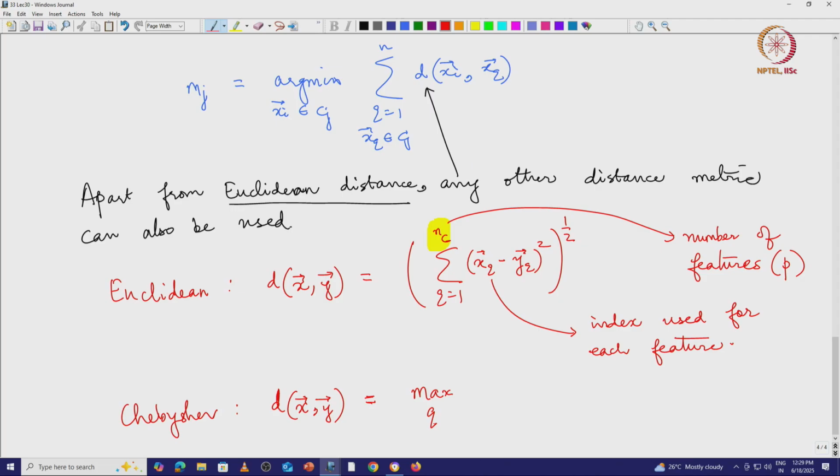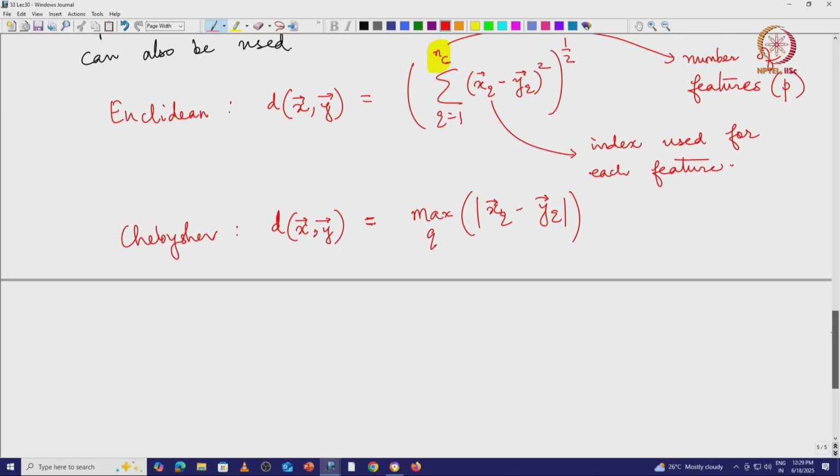So, this is defined as the maximum over all the features of xq minus yq, with an absolute magnitude function.